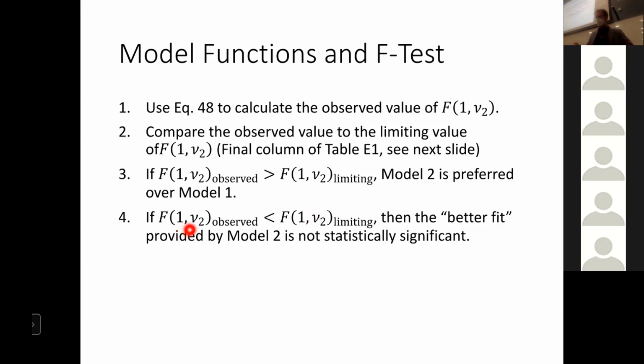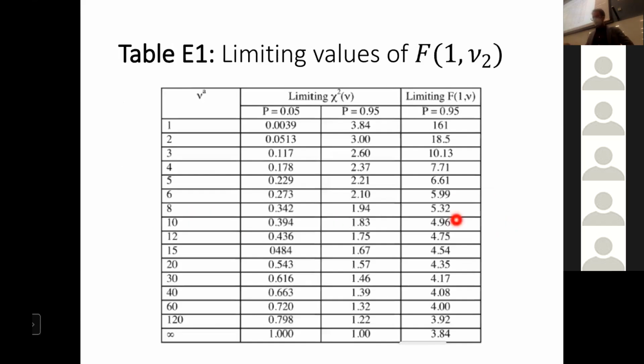But if the observed value of the F parameter is less than the limiting value, then the better fit provided by model 2 is not actually statistically significant, and you're not justified in using it.